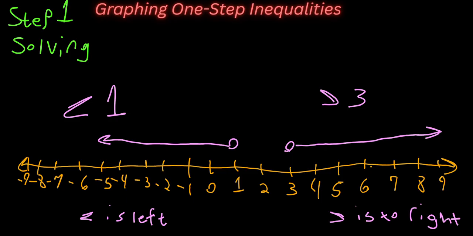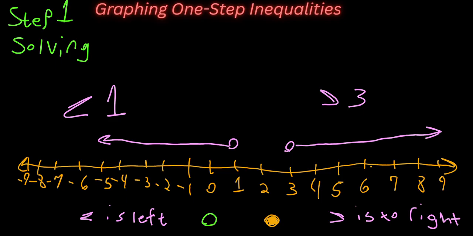Now there's an important point here. There are 2 kinds of circles, and I'm going to put them in 2 different colors. You have open circles and you have closed circles, meaning they're shaded in.